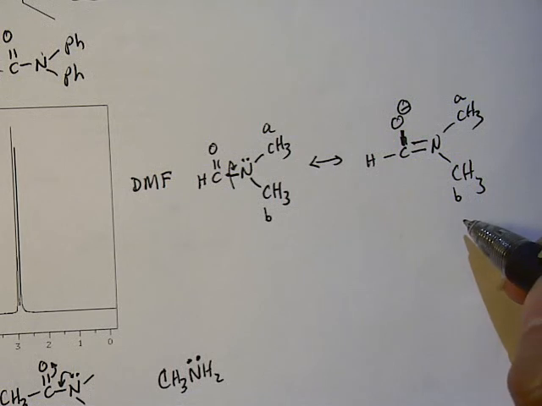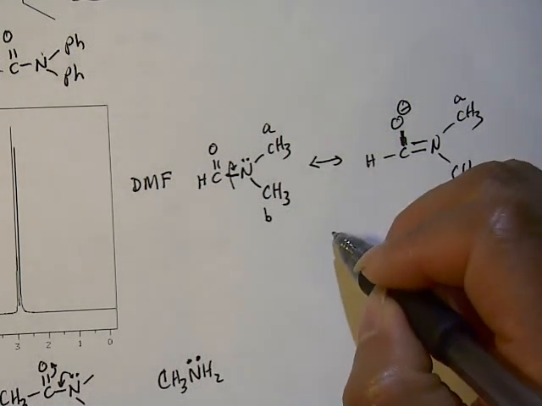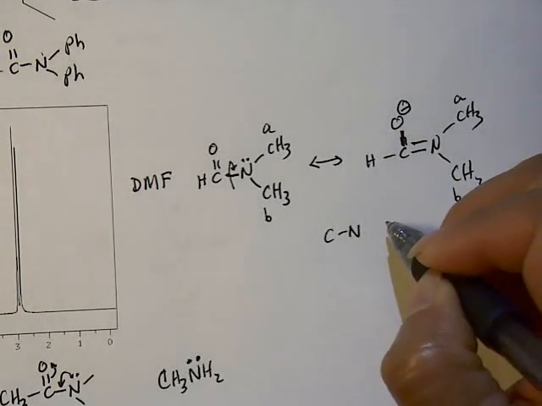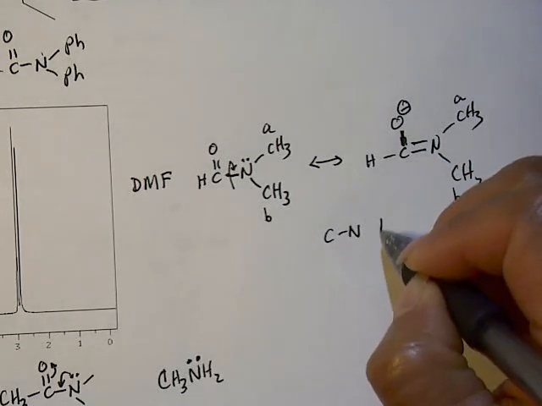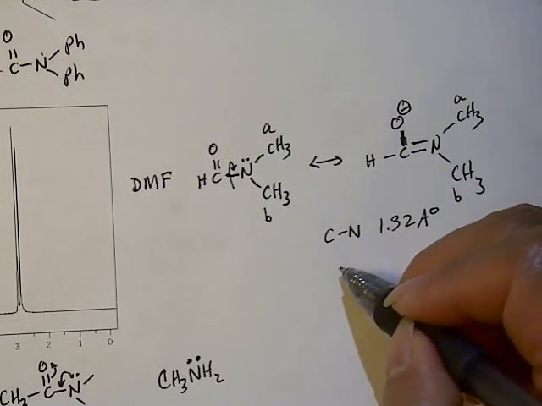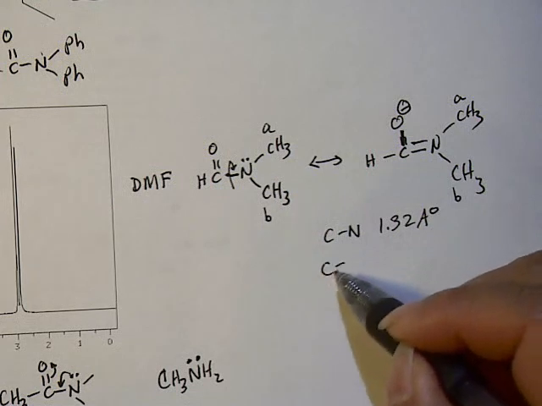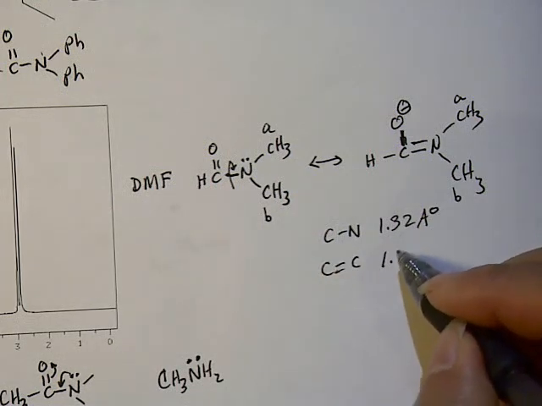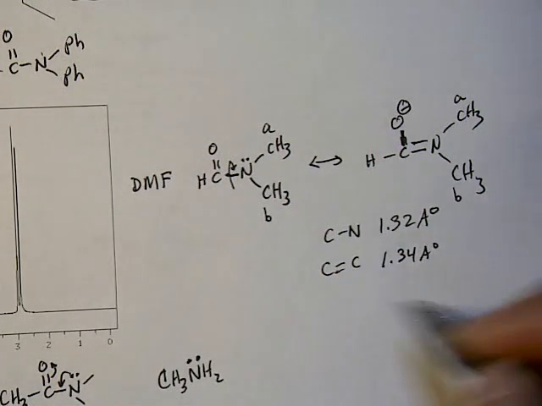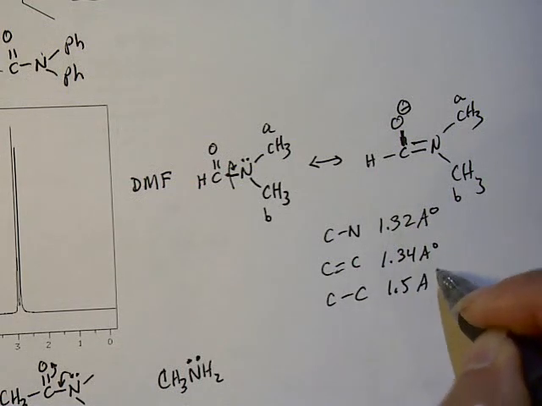And if you look at the bond length of this CN bond here, it is 1.32 angstroms, all right? So if you compare this CN single bond to a normal CC double bond, that's 1.34 angstroms, whereas a CC single bond is about 1.5 angstroms.